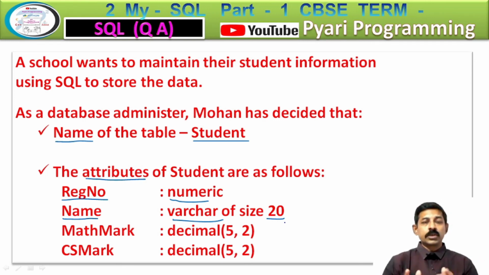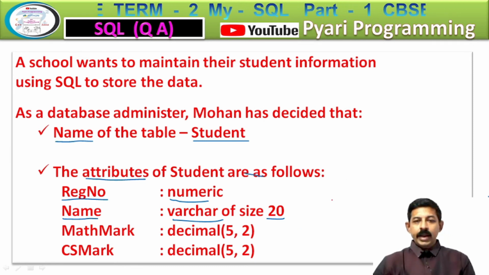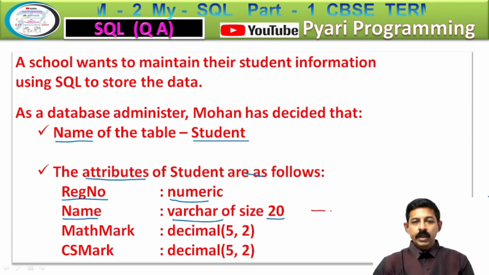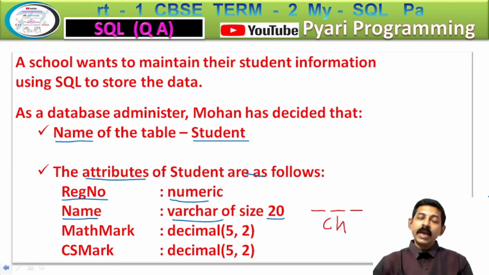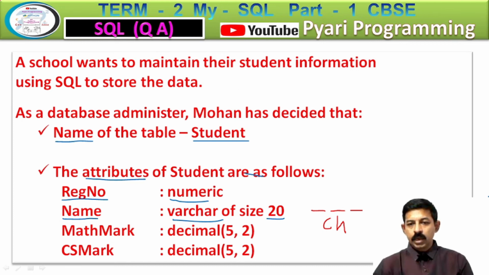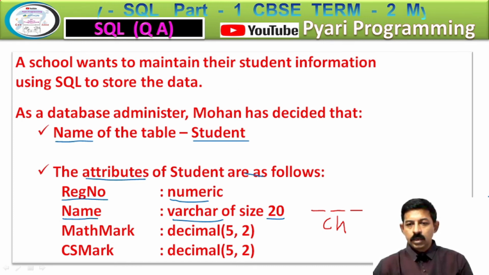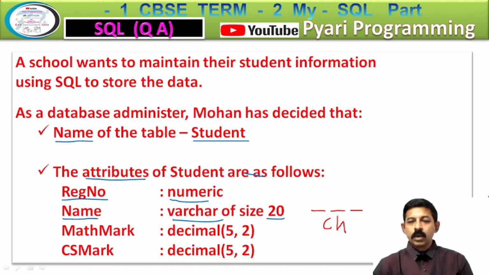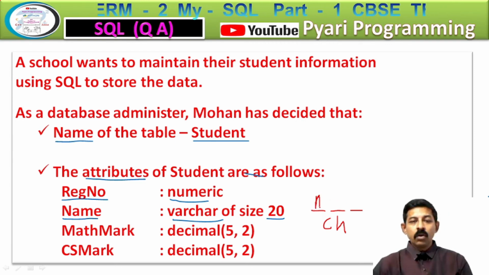So it is fixed. Now, number two difference is that, look at over here. For character, suppose size is 3, I am taking 3 spaces. It occupies 3 spaces. Suppose this is for character. And again, I am taking the varchar of size 3 only. So I am just taking 3 spaces for varchar. Now suppose I am storing only alphabet A over here.